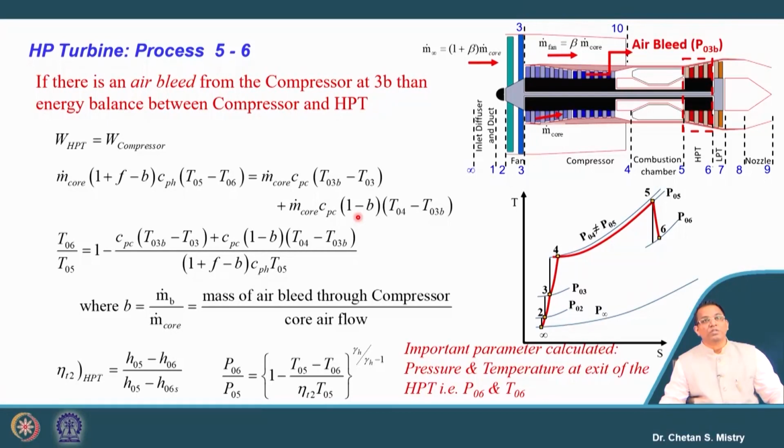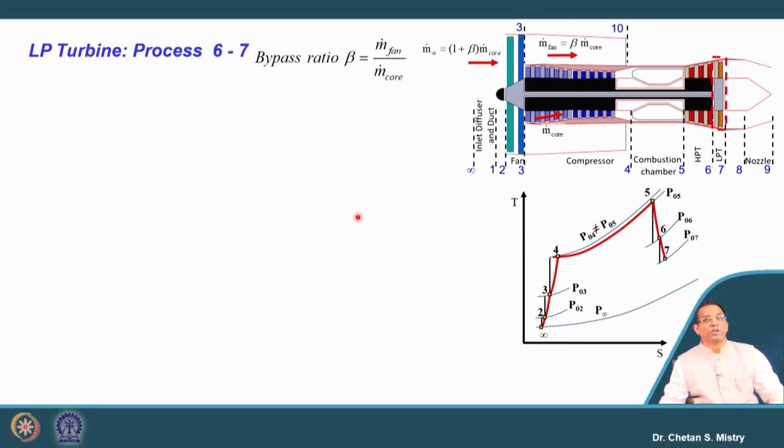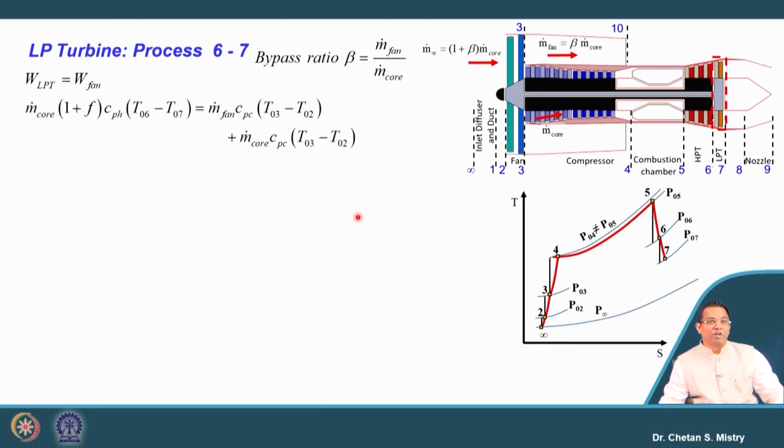Now, similarly, we can do our calculation for the LP turbine. Say here we are not having any bleed configuration. My LP turbine is used to rotate my fan. So, I can write down my energy balance, or the work balance, here in terms of T06 minus T07. Be careful, this represents my LP turbine expansion work. And for the fan, we are writing in terms of m dot fan.